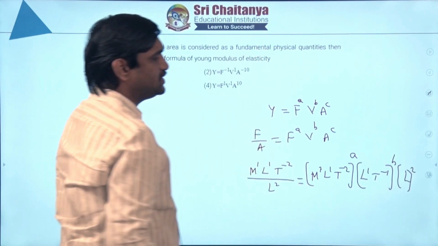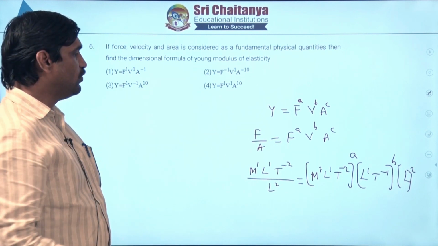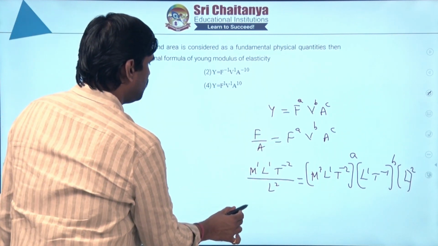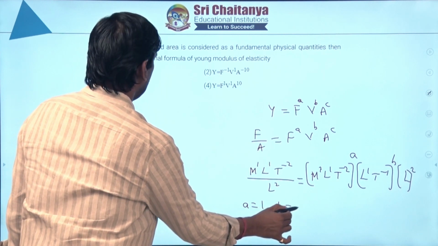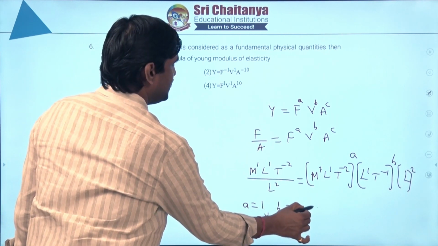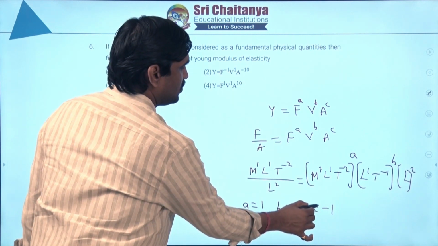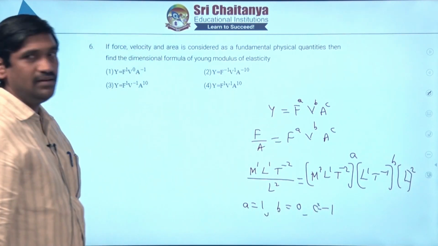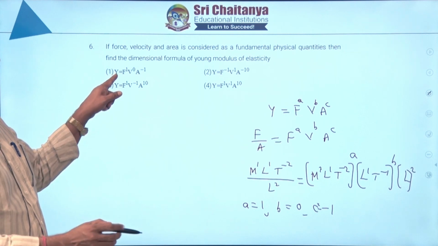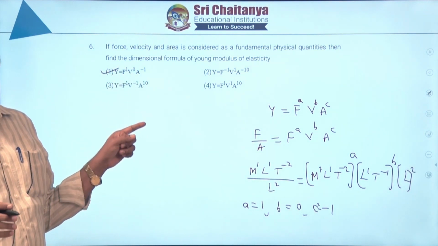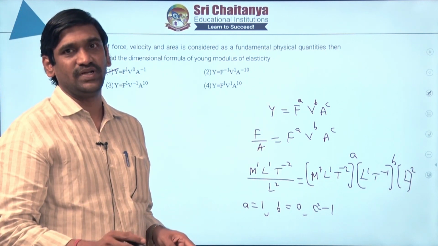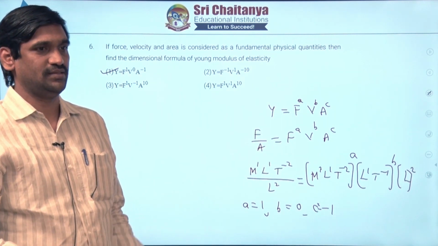Now on both sides, if we compare the powers, we will get a is equal to 1, b is equal to 0 and c is equal to minus 1. Then the correct answer is the first one, Y is equal to F^1 v^0 A^-1. So the first option is the correct answer.